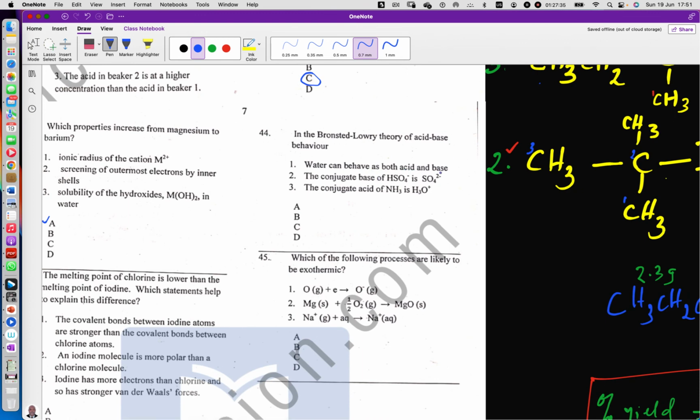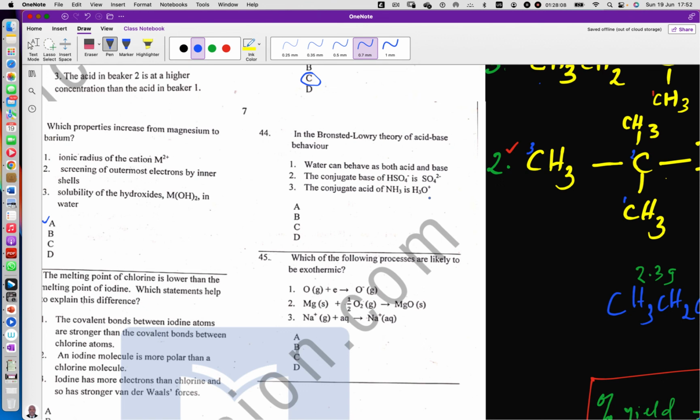I've just illustrated it there. 2. The conjugate base for this is this. The conjugate base of this is this one. The conjugate acid of ammonia is this one.